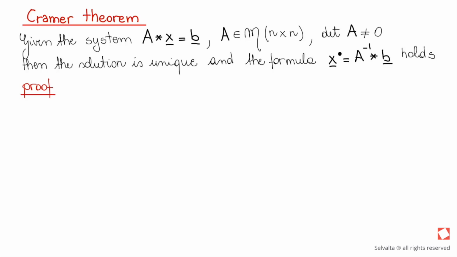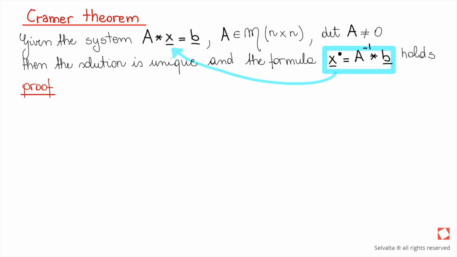First of all, we want to verify that this formula truly holds. What does it mean to have a solution? A solution transforms the equation in an identity. Hence, it solves the system. And we want to prove that the vector x dot solves the system.